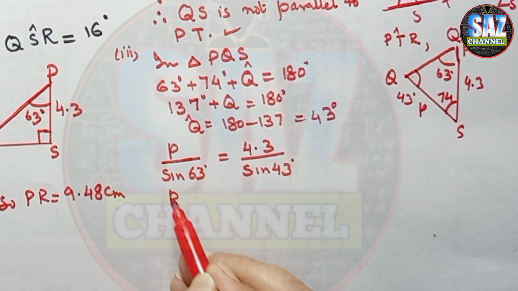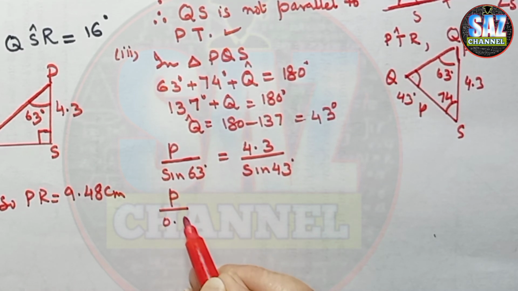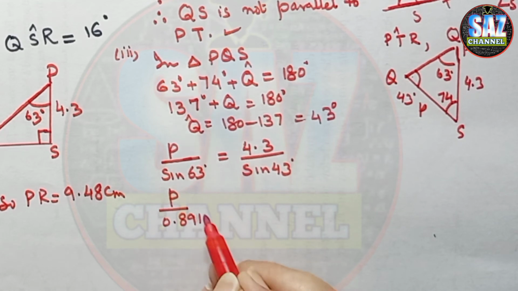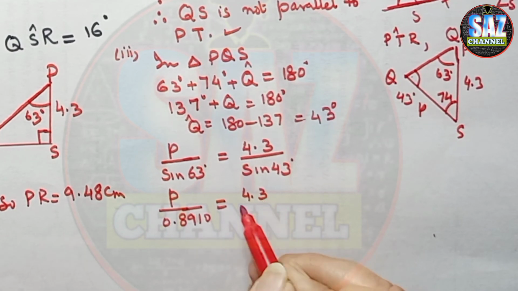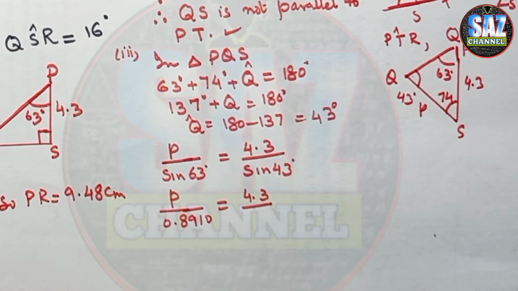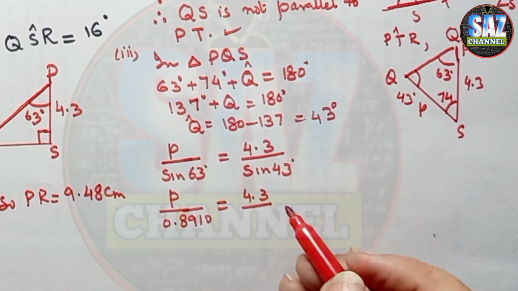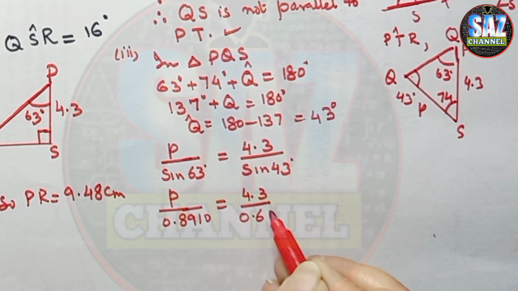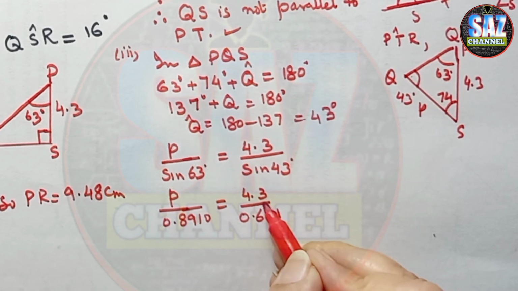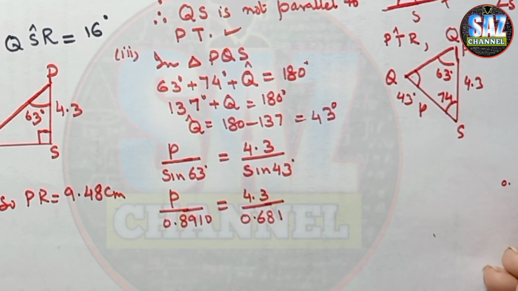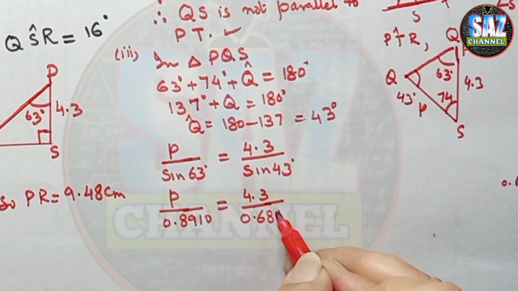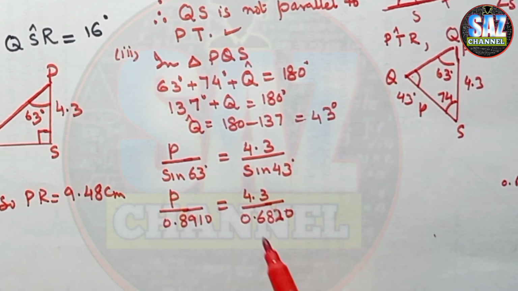This is QS upon 0.8910, and 4.3 upon sine 43 gives me 0.68199. Skipping this 9 rounds it up to 0.6820 for approximation and accuracy.